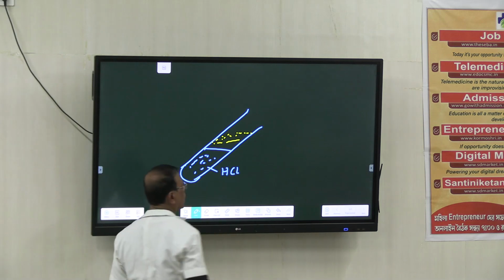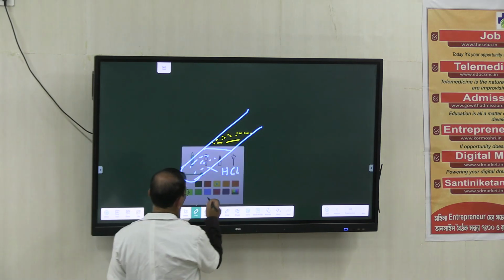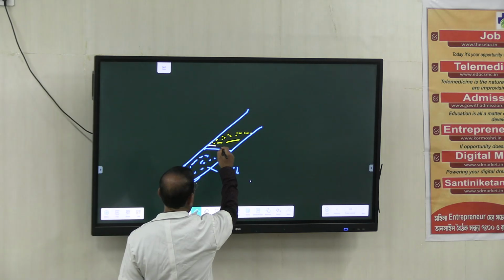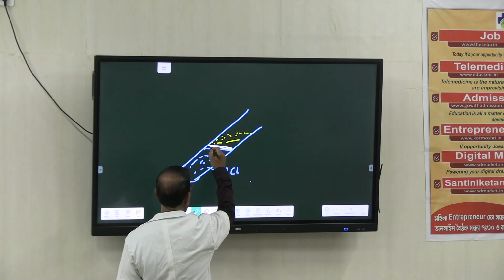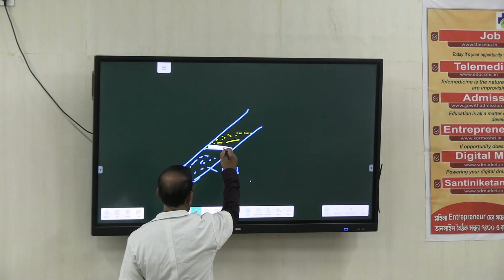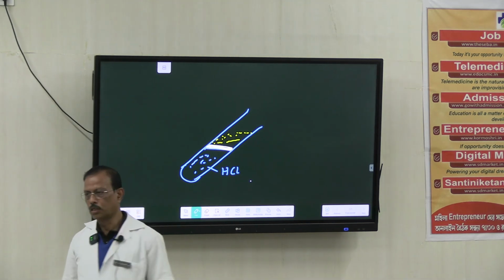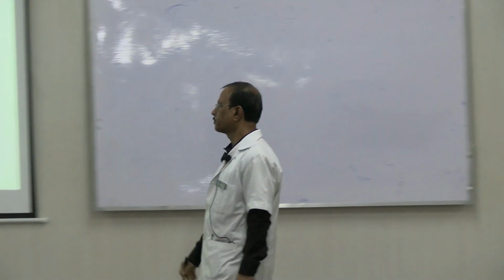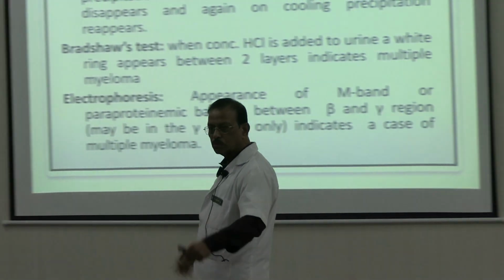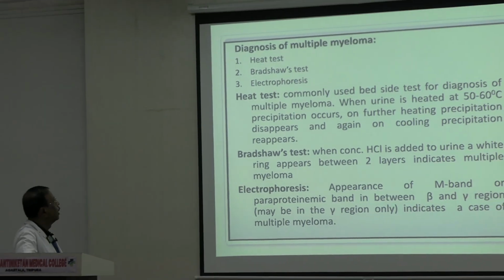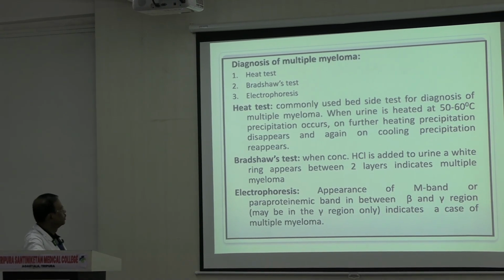There will be a white ring band indicating the presence of protein, Bence Jones protein. Now, electrophoresis we have seen. By this technique, multiple myeloma is diagnosed.